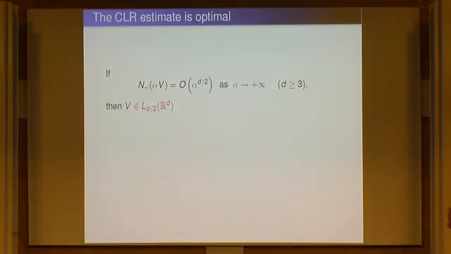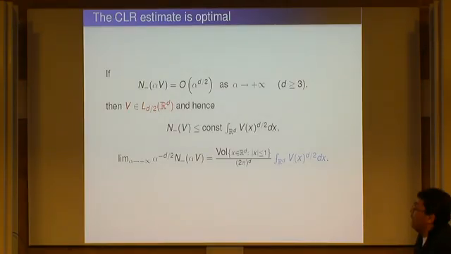Also, if you know just that you have the correct order in the semi-classical asymptotics, then necessarily the potential is in this Lebesgue space, and then you have the estimate and the asymptotics. So everything fits nicely together, and this is the natural language.